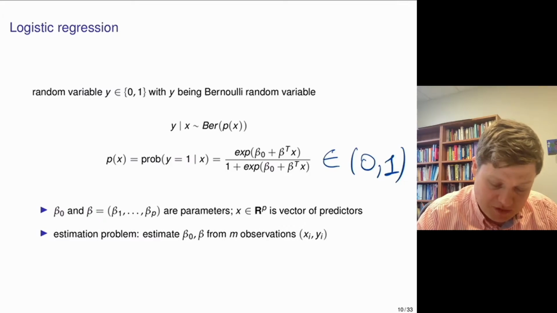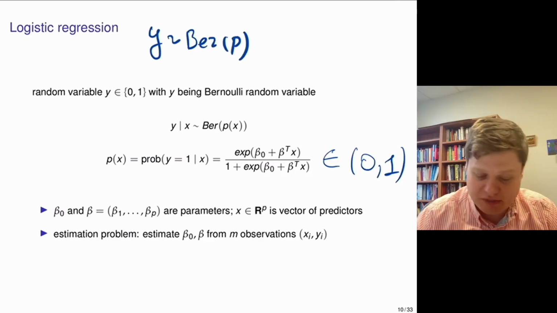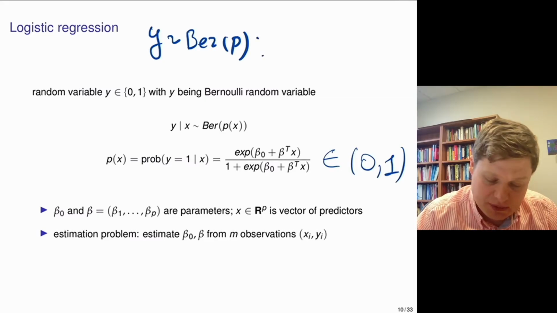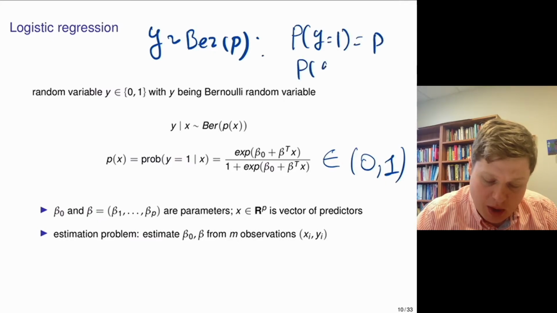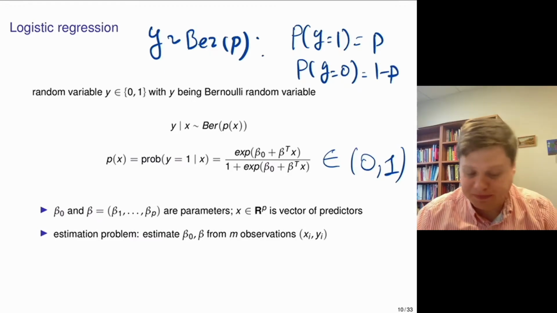And so what we have here, we have y follows Bernoulli, parameterized by p. I'm going to skip x just for simplicity of the notation. And the density function, you remember that the probability that y equals 1 equals p, and the probability that y equals 0 equals 1 minus p.